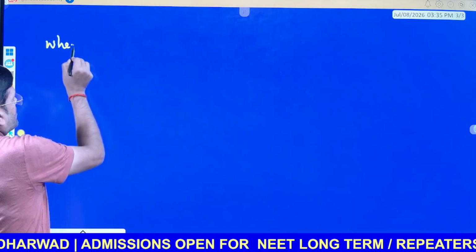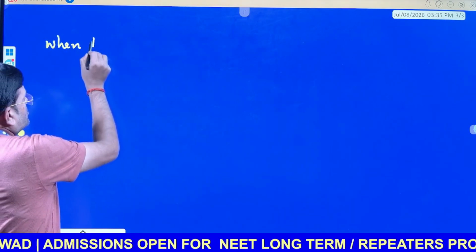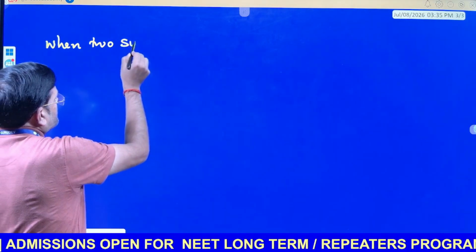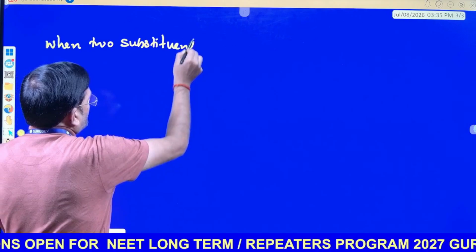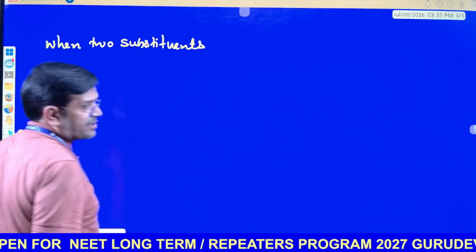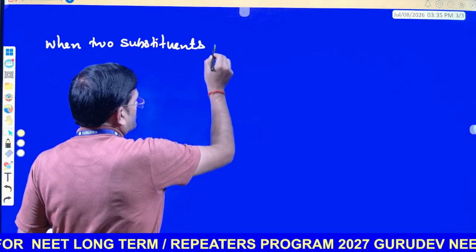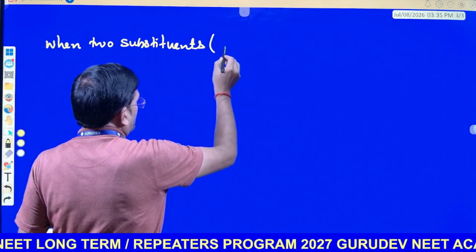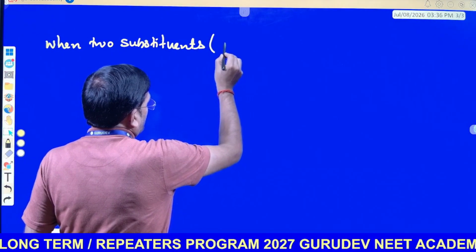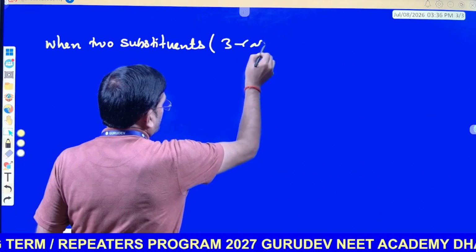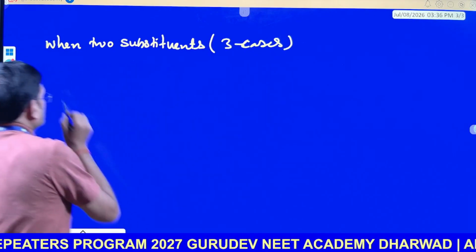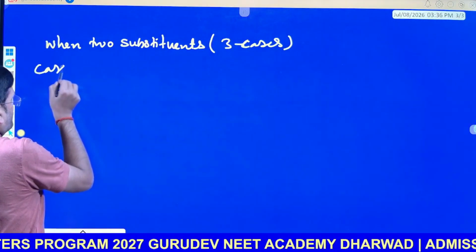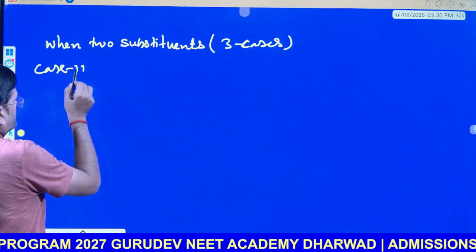When two substituents are present, we'll have three cases here. Okay, so case 1.